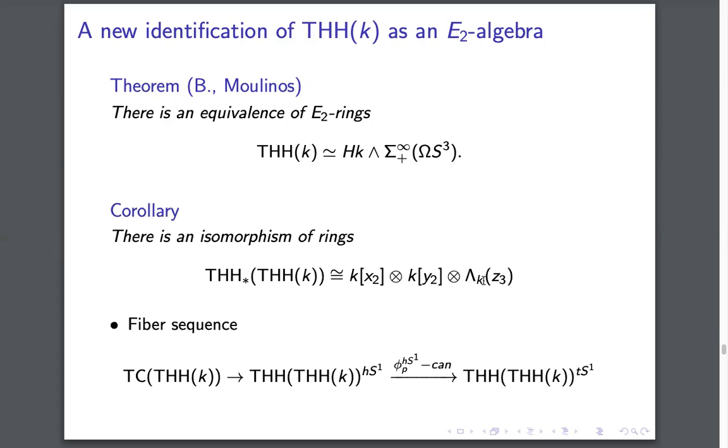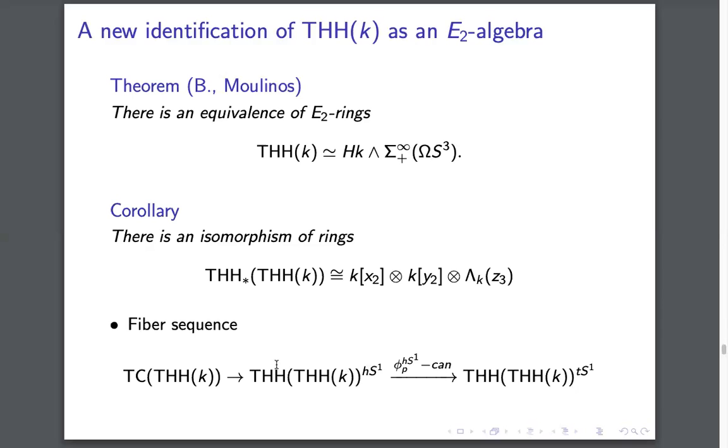So why did we need this multiplicative structure? Because we had to understand this fiber sequence, right? There is a spectral sequence that starts with THH of THH and then gives you the homotopy groups of the homotopy fixed points on THH of THH.